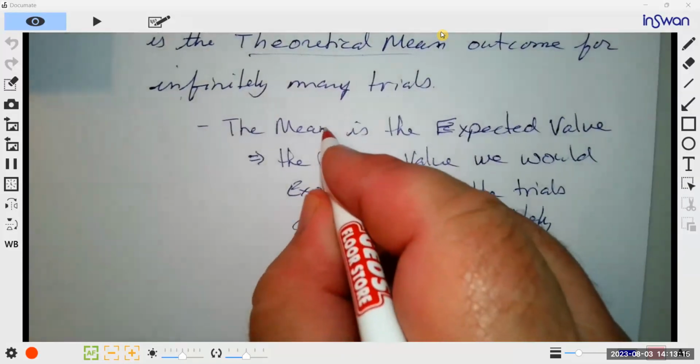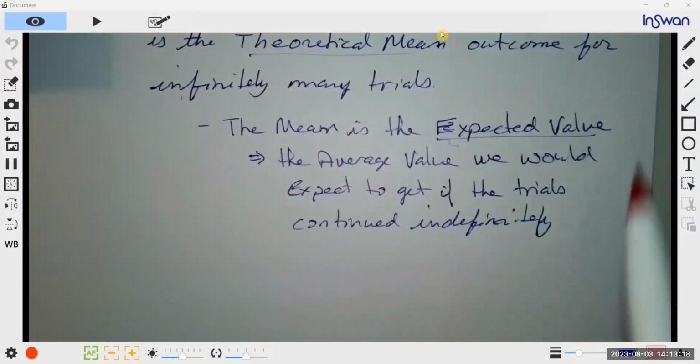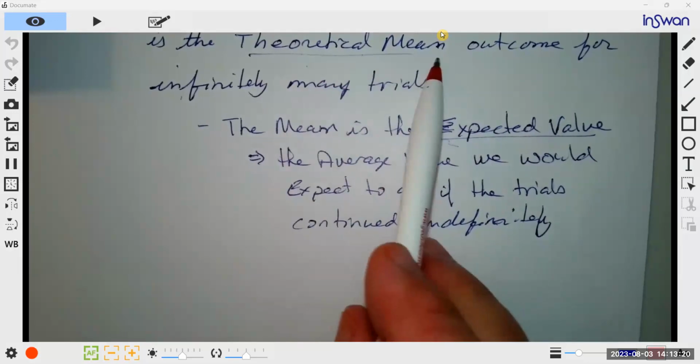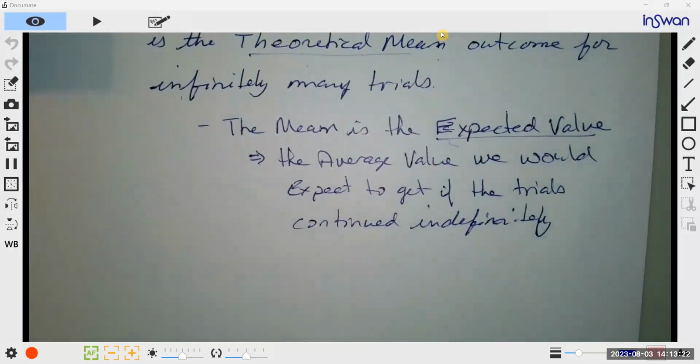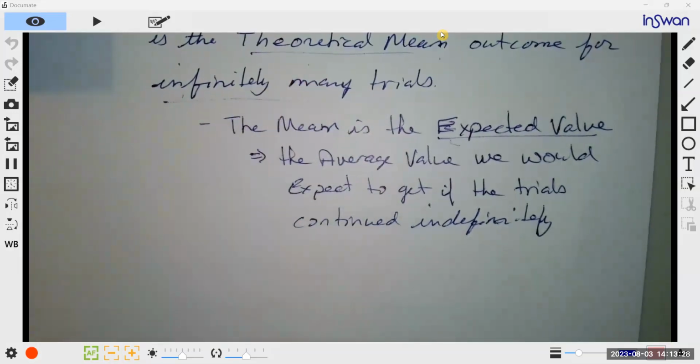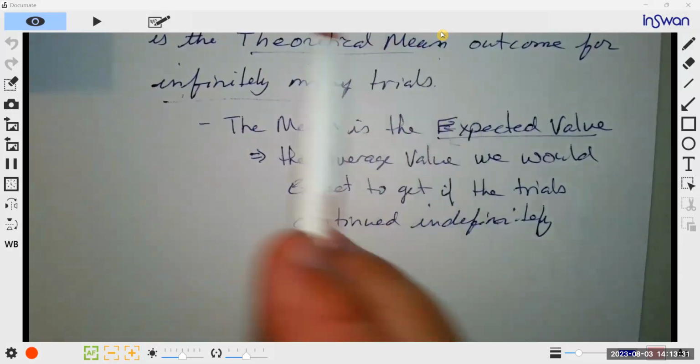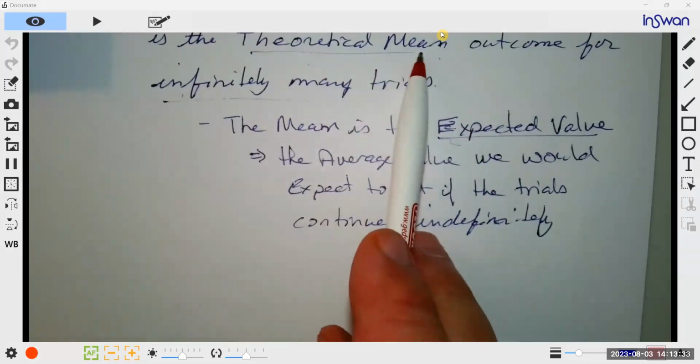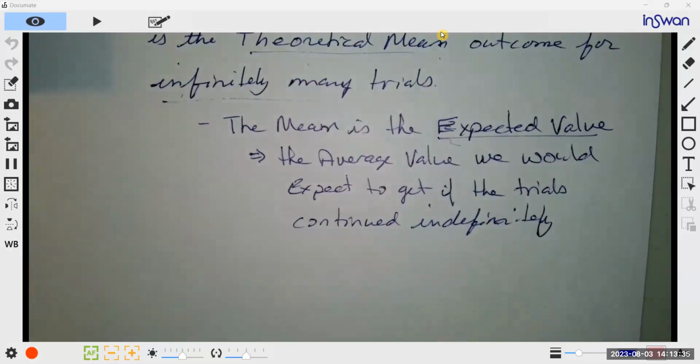So the mean is the expected value. It's a theoretical mean. The theoretical mean is what we theorize would happen if we kept on rolling an infinite number of times. So that theoretical mean is the expected value.